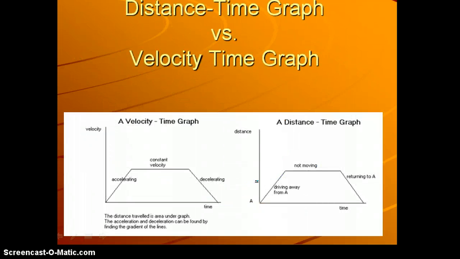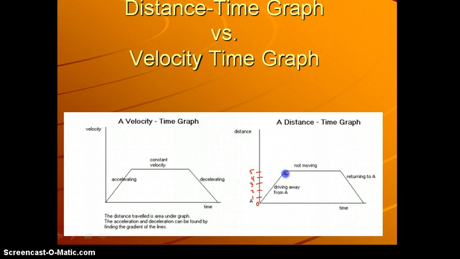So we want to compare distance time graphs and velocity time graphs. First, distance time graph, if we show a line that's going up, we're seeing that this is distance, so we're seeing that the car or object is driving away from point A. And so it's going, maybe if this is 0, it's going 1, 2, 3, 4, maybe 5 meters away.